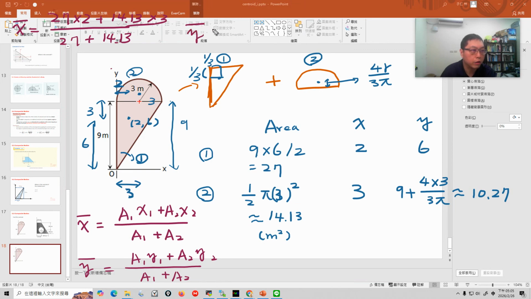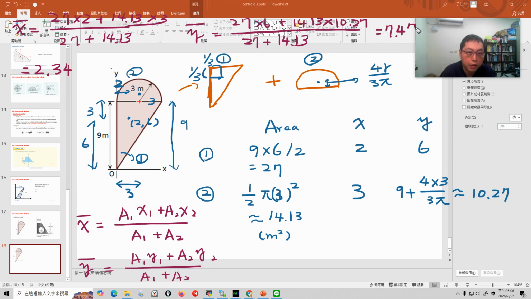This y bar is 27 plus 14.13, in the denominator, and the numerator is 27 times 6 plus 14.13 times 10.27. Then use your calculator. I think the answer is 2.34 here, and the other is 7.47. And don't forget the unit. The unit here is meter.